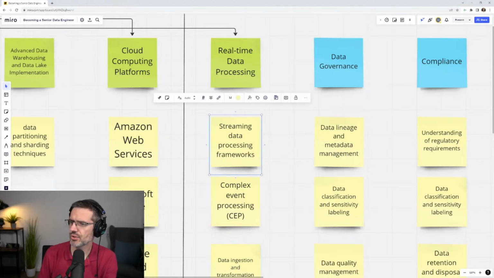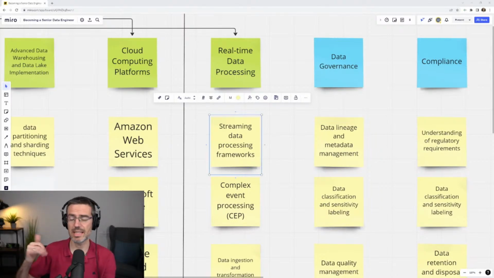A senior data engineer should be proficient in designing and implementing streaming and data processing solutions using frameworks such as Apache Kafka, Apache Flink, Apache Spark Streaming. Kafka and Spark is the combination to look for. Kafka as the message queue, Spark as the actual processing of the data through the message queue.